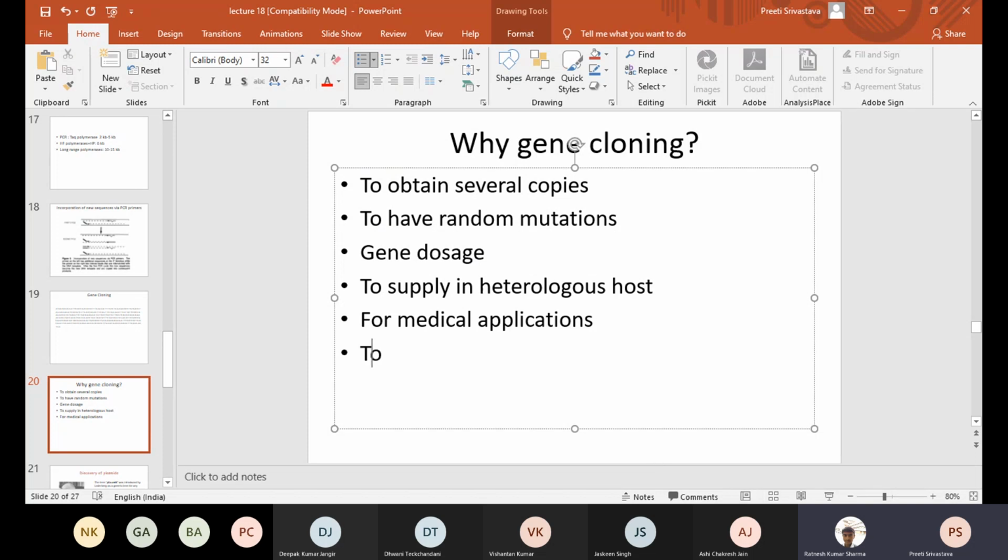Right, so the main point is to avoid this, particularly for eukaryotic systems. For example, if you are working with brain tissue or a liver cell, or you take any tissue, in such cases you don't have to sacrifice the animal or the tissue every time.